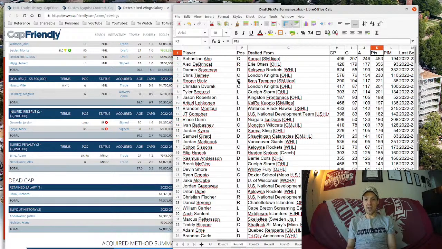So in that case, maybe save your later picks, so any pick other than a first, maybe aim for goalies and defensemen.